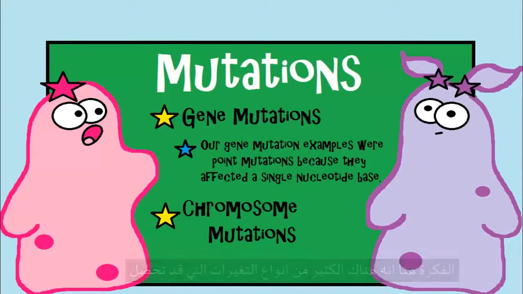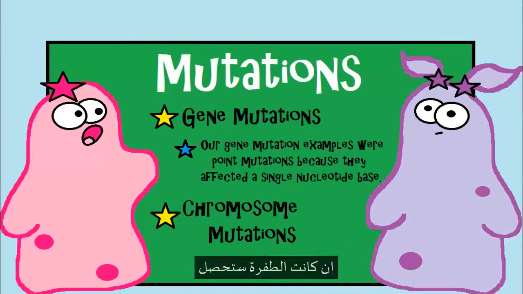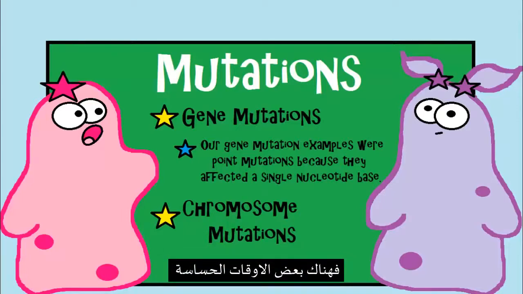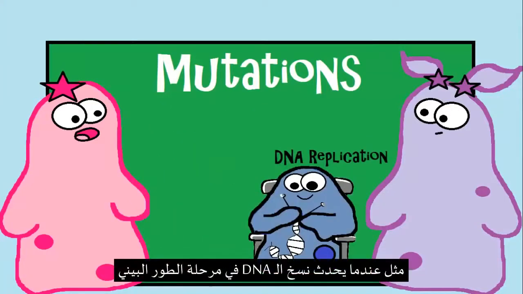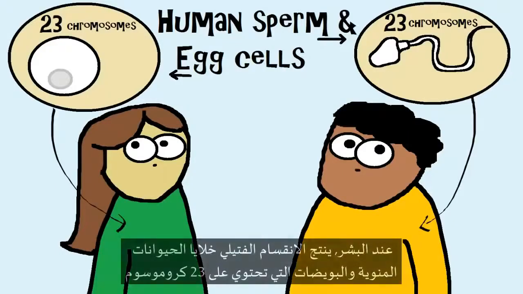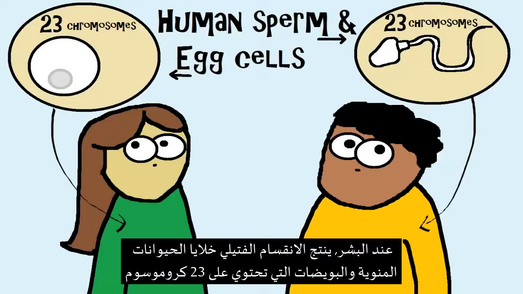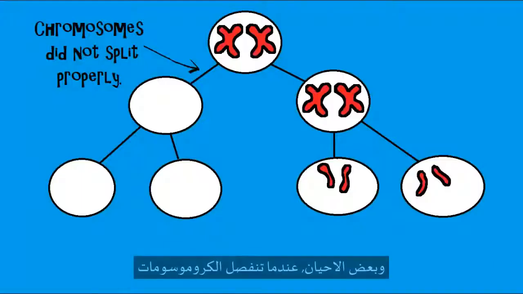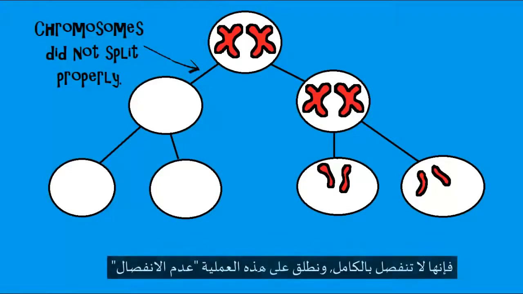If a mutation is going to happen, there's also some vulnerable times, like when DNA replication happens during interphase, and also other times too, like meiosis. Remember, in humans, meiosis produces sperm and egg cells that have 23 chromosomes. But sometimes those chromosomes, when they're separating, they don't separate completely.